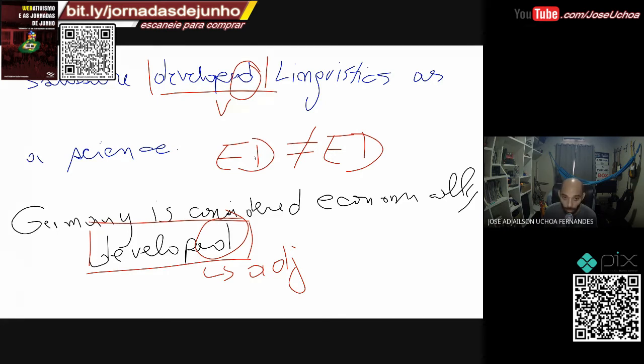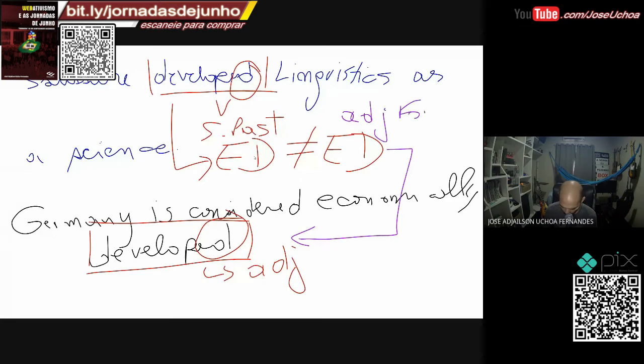I mean that the ed we put after verbs with verbal function, they are simple past, which is the case here. And the ed that we use to form adjectives is what we call adjective form suffix.